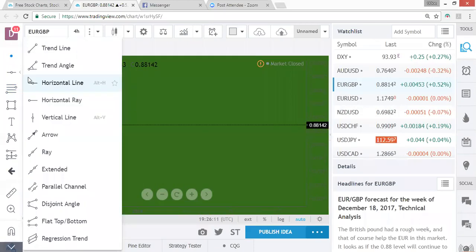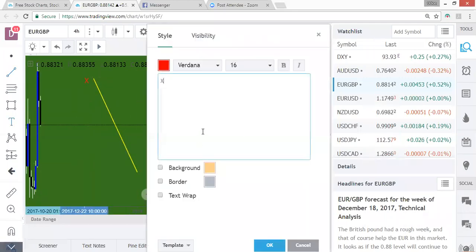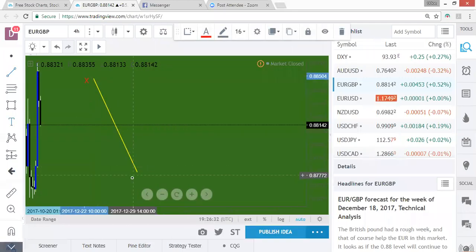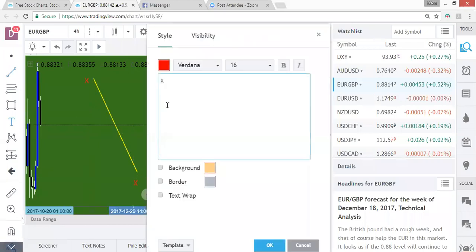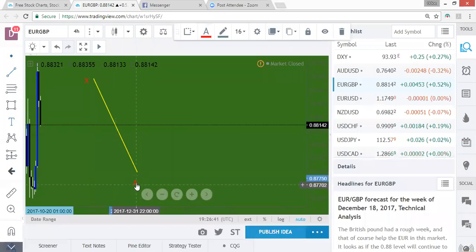Boom. Started an impulse, label X. And where price action turns or completes that, we look at A, have our XA move.